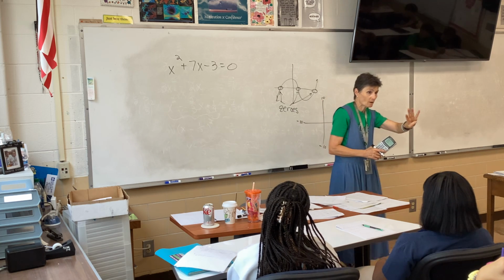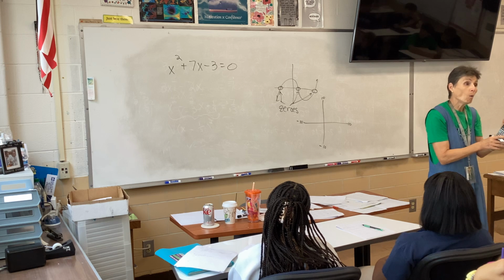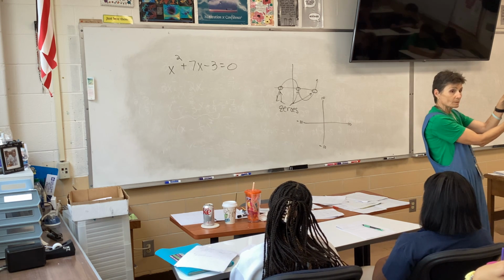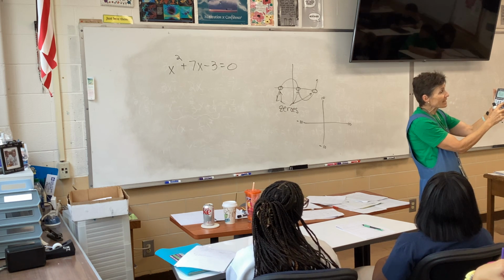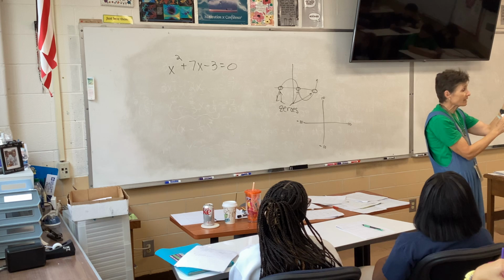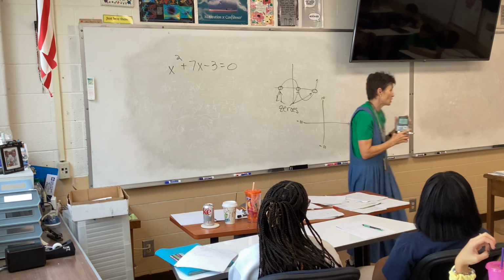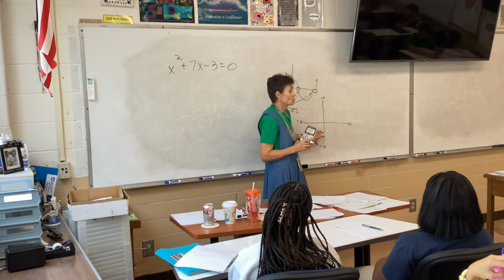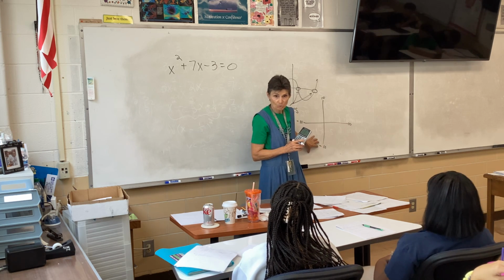Those are the 4 that we care about, the mins and the maxes. You can manually adjust those, or you can press the zoom button, find the button called zoom, and go down to 6, zoom 6, and that will automatically adjust your window to look like this. This is the standard window. So zoom 6, zoom standard, will give you this window.